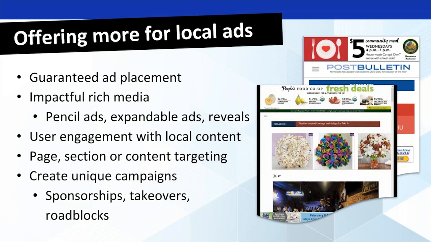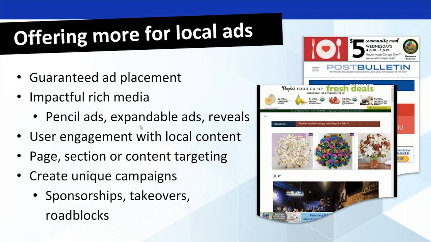Going back to Main Street Press, it's very, very local. Granted, not everybody can target down to the school district, but think about what your website has to offer those local advertisers that no one else does. And that value is where the revenue builds from.